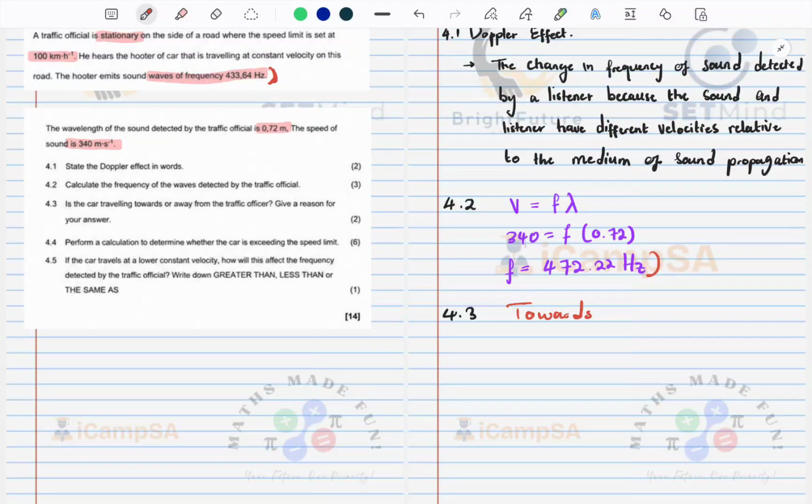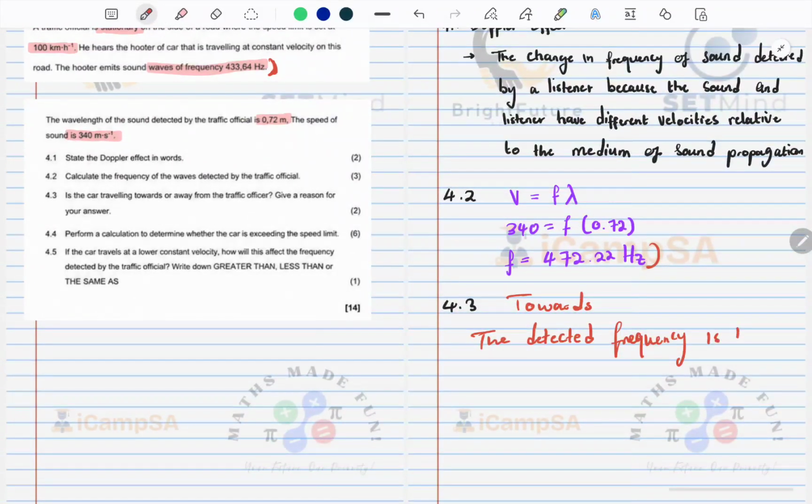If we had a lesser frequency detected by the traffic official, it would mean that the car is moving away, or the hooter is moving away. Okay, so the reason here is the detected frequency is higher than the frequency from the source.